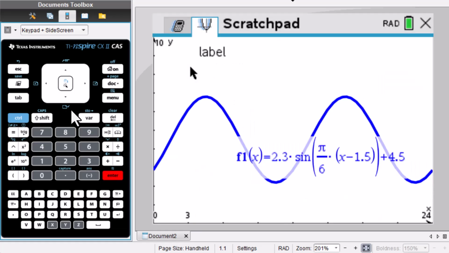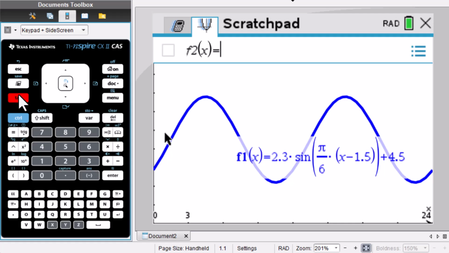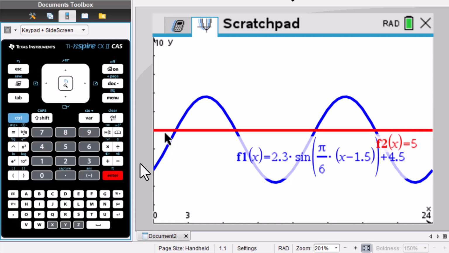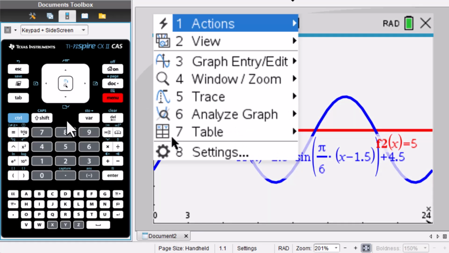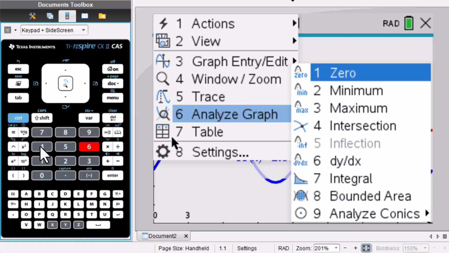Since we are solving h of t greater than 5, go back to this tab. f2 of x equals 5, enter. First of all, we need to figure out the intersections. Go to menu 6, 4, intersection.